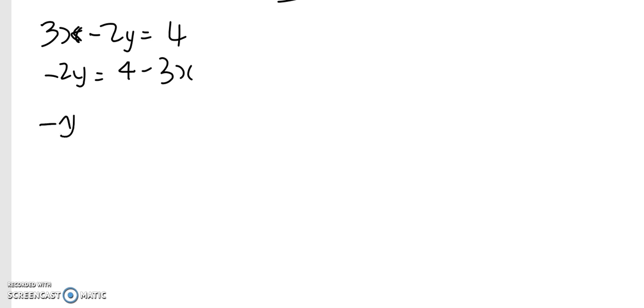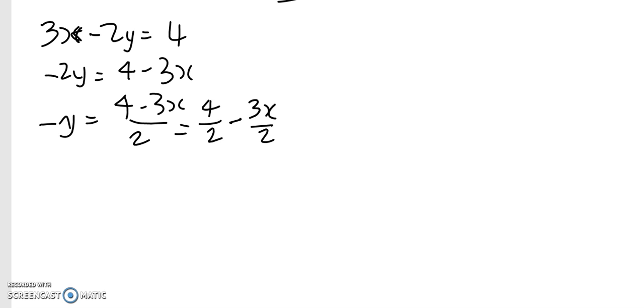Now minus y is going to be equal to 4 minus 3x divided by 2. That is going to be equal to 4 by 2 minus 3x by 2, which is going to be equal to 2 minus 3x by 2. So this is minus y is equal to 2 minus 3x by 2. So what is plus y?